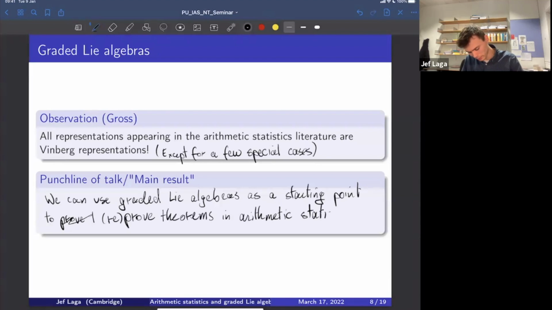Let me now explain in more detail how that works, unless there are any questions.